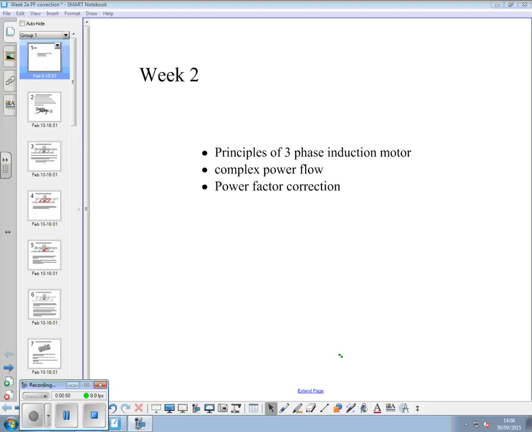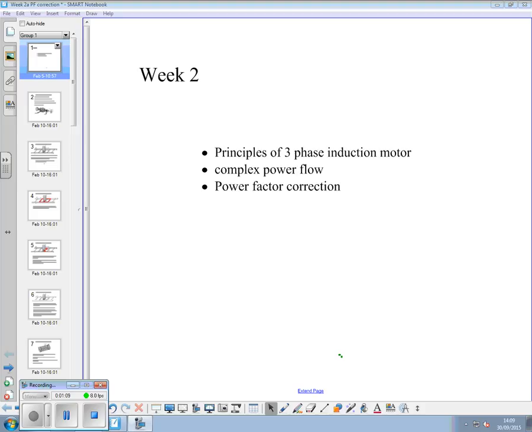We're going to be doing some complex number arithmetic with both polar and rectangular complex numbers as appropriate, and I'll do a brief revision of how that all works. And then we're going to have a look at power factor, the subject of power factor correction.